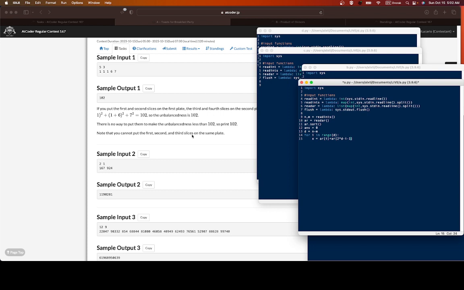So 0 and 7, 1 and 6, 2 and 5, 3 and 4. It's the number of doubled sets. M minus doubled sets.